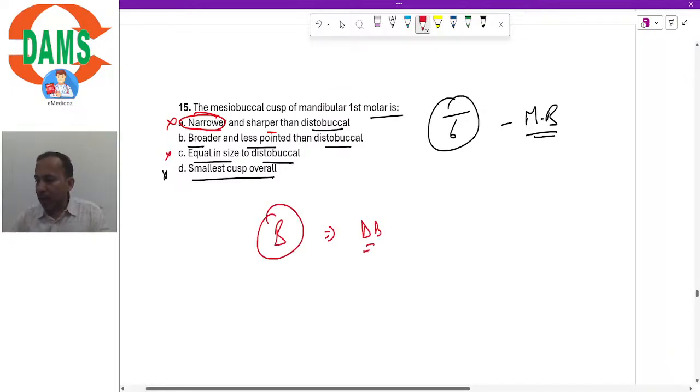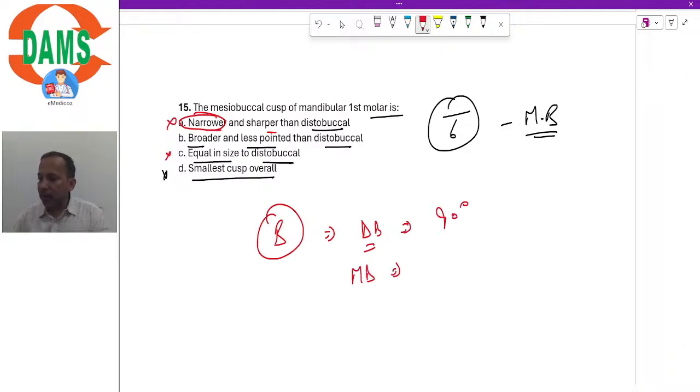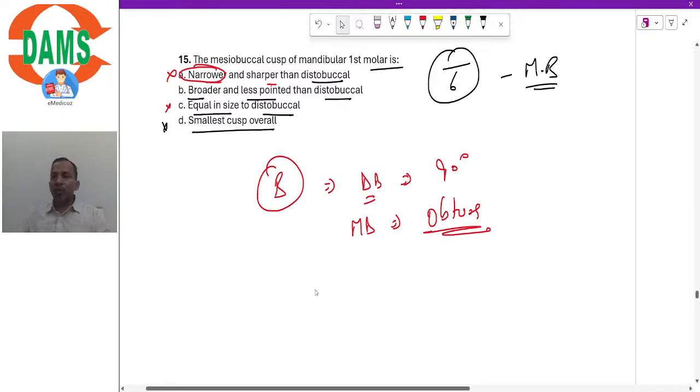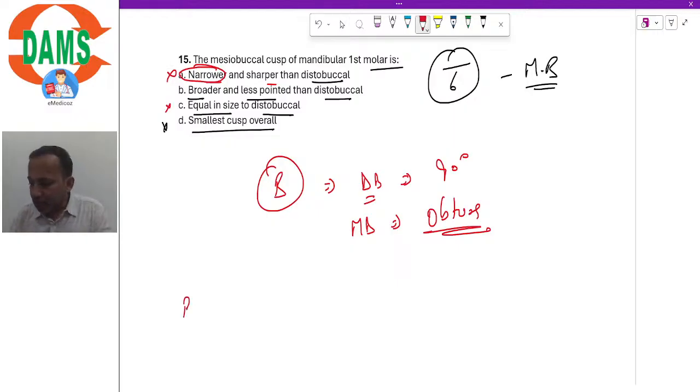Because the distobuccal cusp has a cusp angle of almost 90 degrees and the mesiobuccal cusp is obtuse, right? So when you compare these buccal cusps to the lingual cusps, which cusps are sharper and higher? Amongst the buccal and lingual cusps, which are higher and sharper?